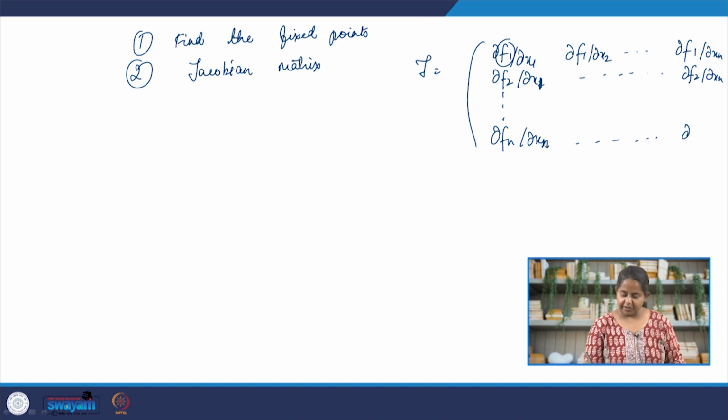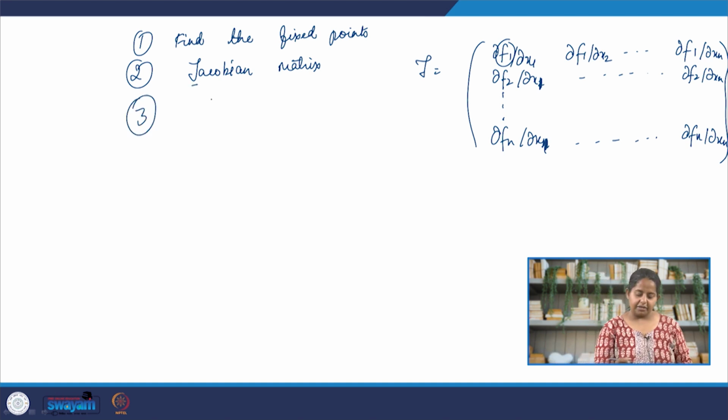So this is your Jacobian matrix. You're going to find it. Don't worry, in this course we'll deal with only 2D systems. We will have a 3D system that we'll discuss and we'll convert it into 2D. So you'll not be dealing with very big Jacobian matrices.